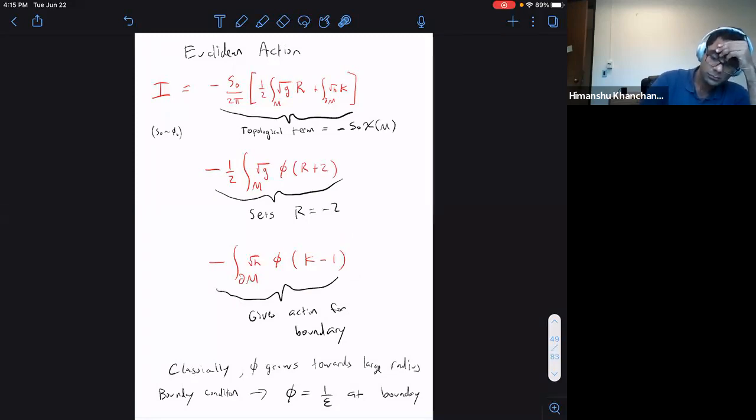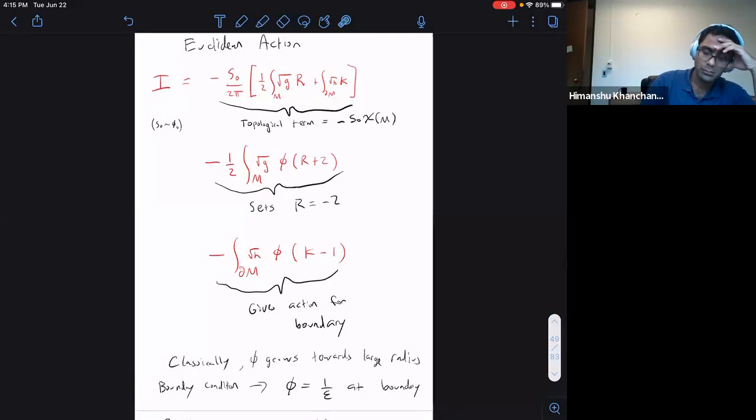Because we're computing a partition function, we have an asymptotic boundary, and we have to regularize it. This will give some action for that boundary. This is actually somewhat important. Basically, because the bulk is constant negative curvature, all the dynamics comes from just the boundary.